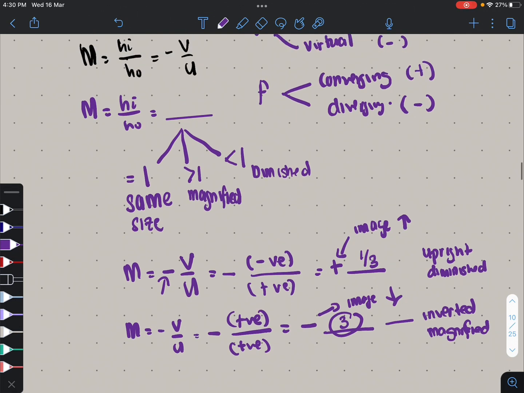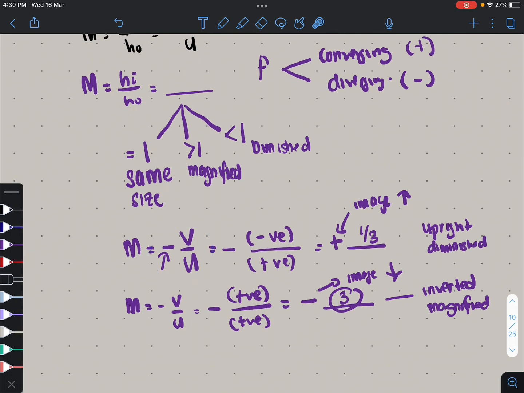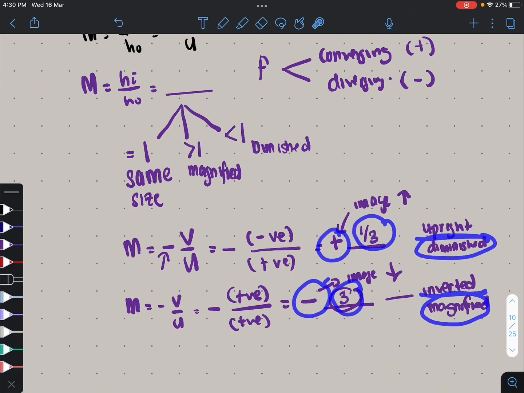Okay, so when you use this equation, iaitu the definition of the magnification, ratio of the height, you can only determine whether dia same size, magnified ataupun diminished. Tapi if you were to use this equation, kita boleh dapat dua karakteristik, whether dia upright ataupun inverted, iaitu melihat pada sign dia positif atau negatif, and then tengok pada nilai dia, whether dia magnified ataupun diminished.